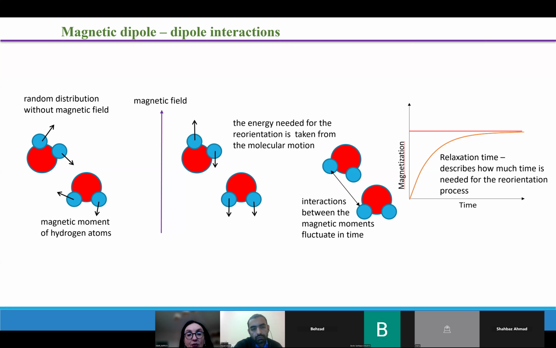If the magnetic moments have the ability to interact with an external magnetic field, they also have the ability to interact with each other. If a fridge magnet has the ability to interact with the fridge, two magnets also have the ability to interact with each other.